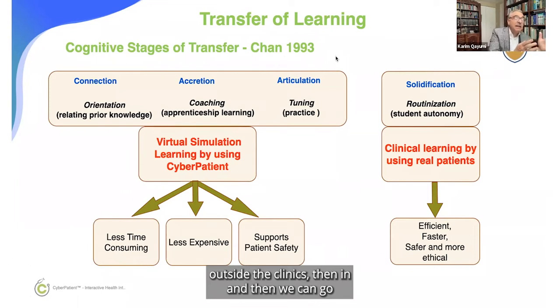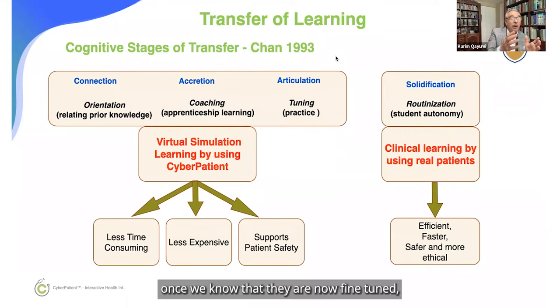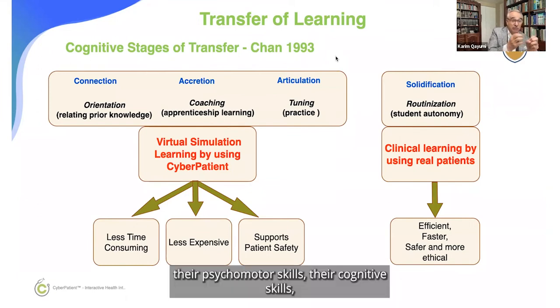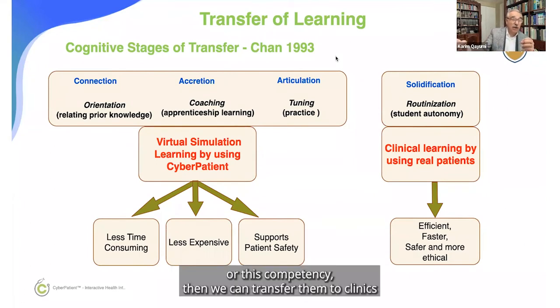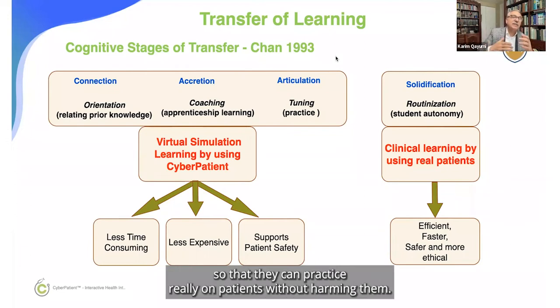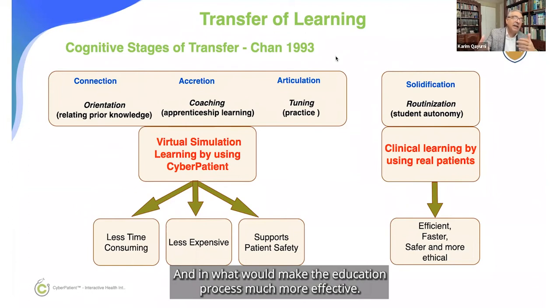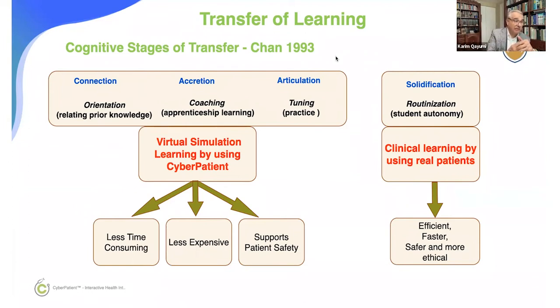Once we know their psychomotor skills and cognitive skills are fine-tuned and they can do this task or competency, then we can transfer them to clinics so that they can practice on patients without harming them, and this would make the education process much more effective.